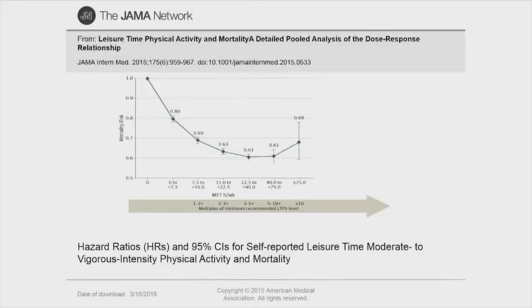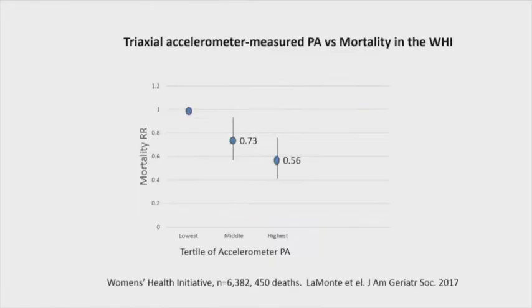So more physical activity associated with lower mortality doesn't mean it's causal, but let's have a look at what the accelerometer gives us, and these studies are only just starting to come on stream. So this is 6,000 women in the US Women's Health Initiative who wore an accelerometer for a week, and essentially the same association.